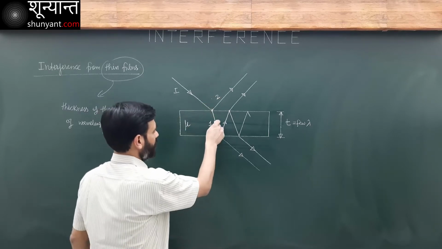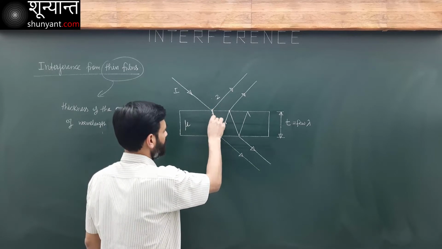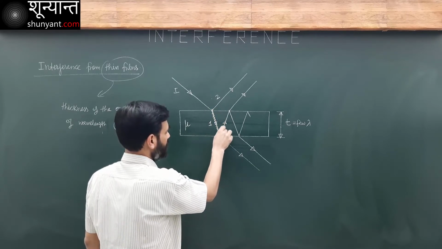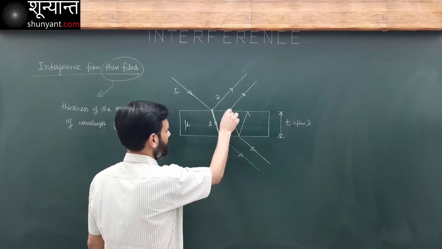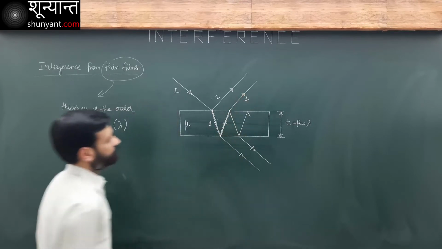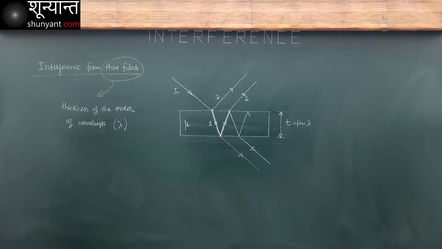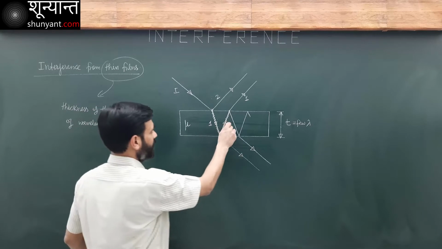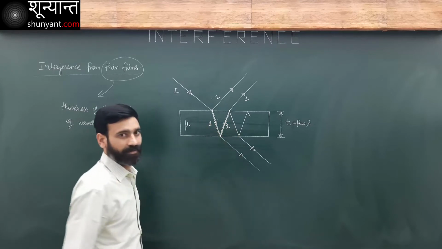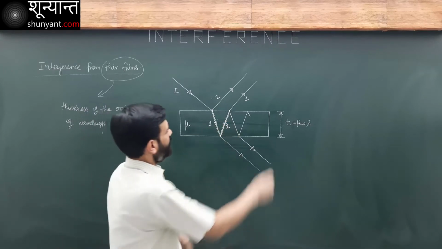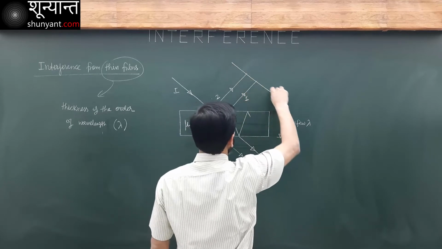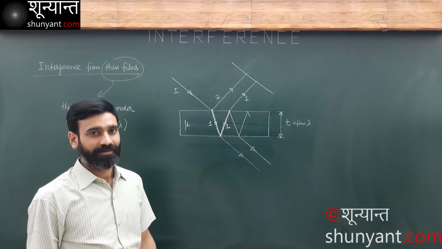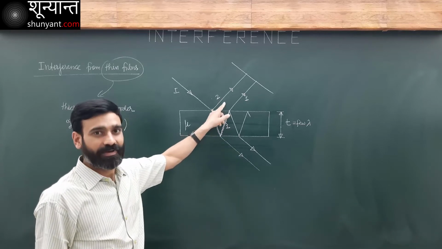Now, this transmitted part reflects again, and then it is transmitted. It is the same light. If I keep a screen here, then these two light rays will interfere.